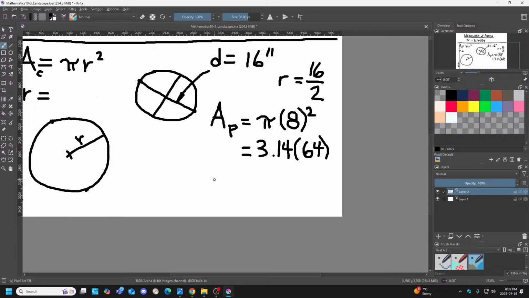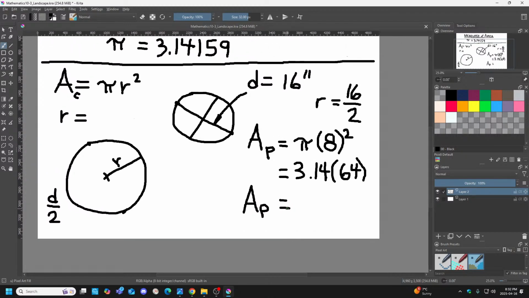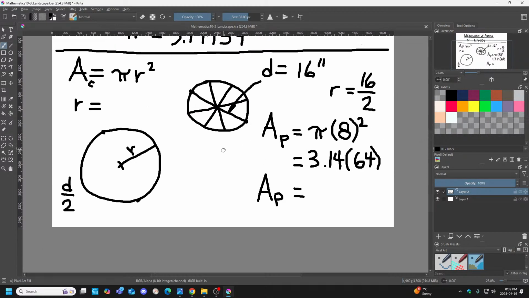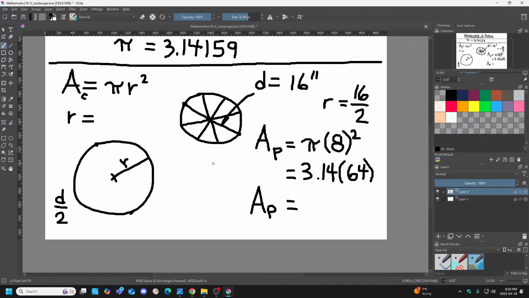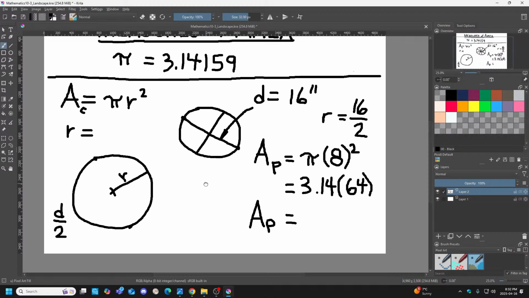And then the area of our pizza, which is a good sized pizza, to be honest, 16 inches. That's a good sized pizza. You can cut it in 8s. Or let's say you have 3 people over. This is what I do with pizza.